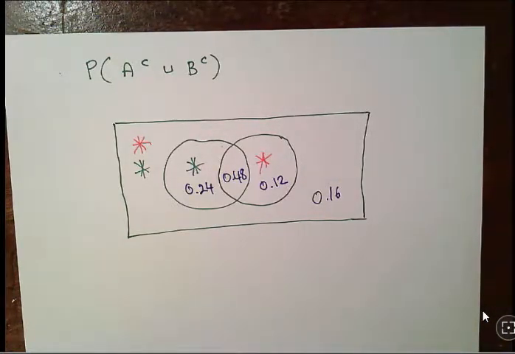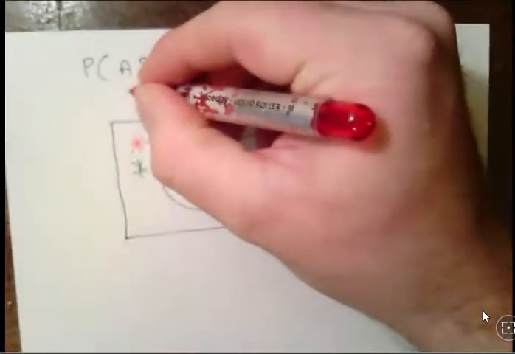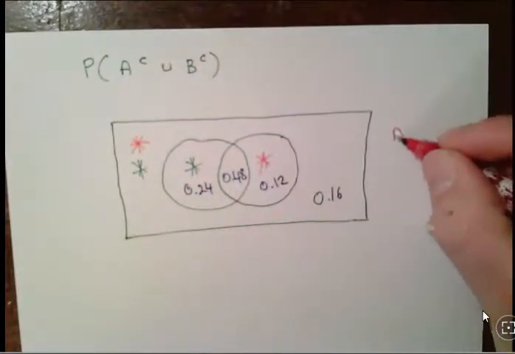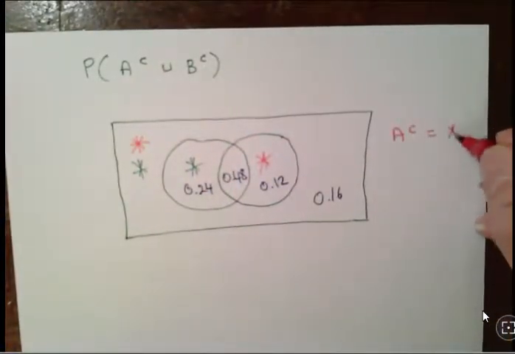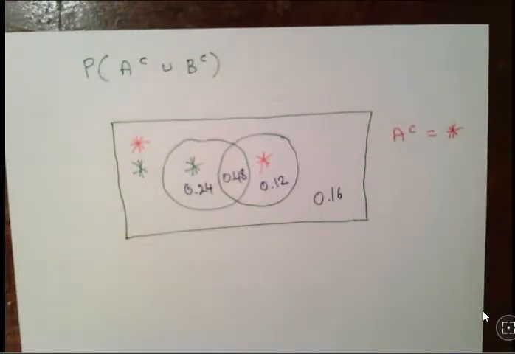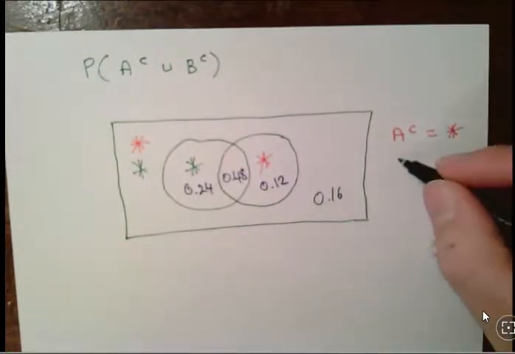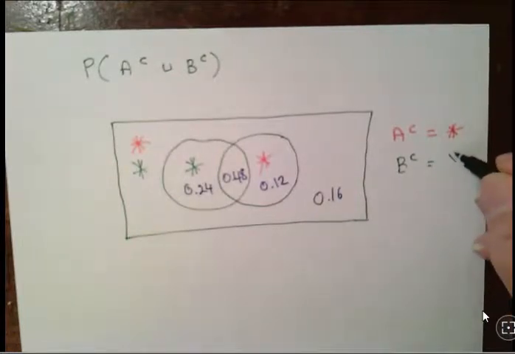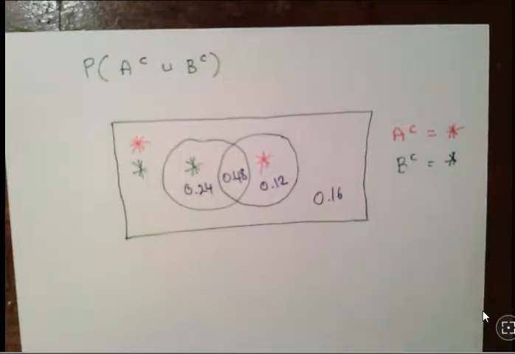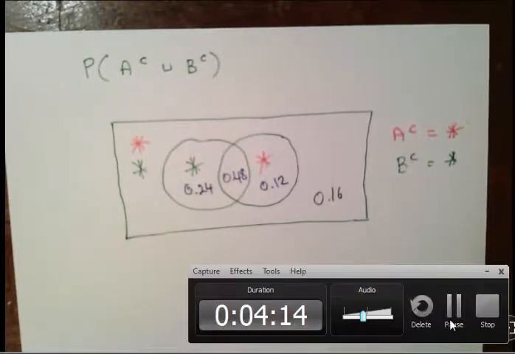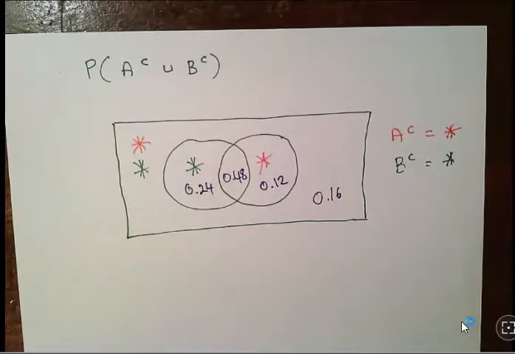What we're going to have to do here is pick out which regions. I'll make it a little clearer, color coded a bit, that the complement of A is the regions that have stars. Let me pause it a second. There we go.